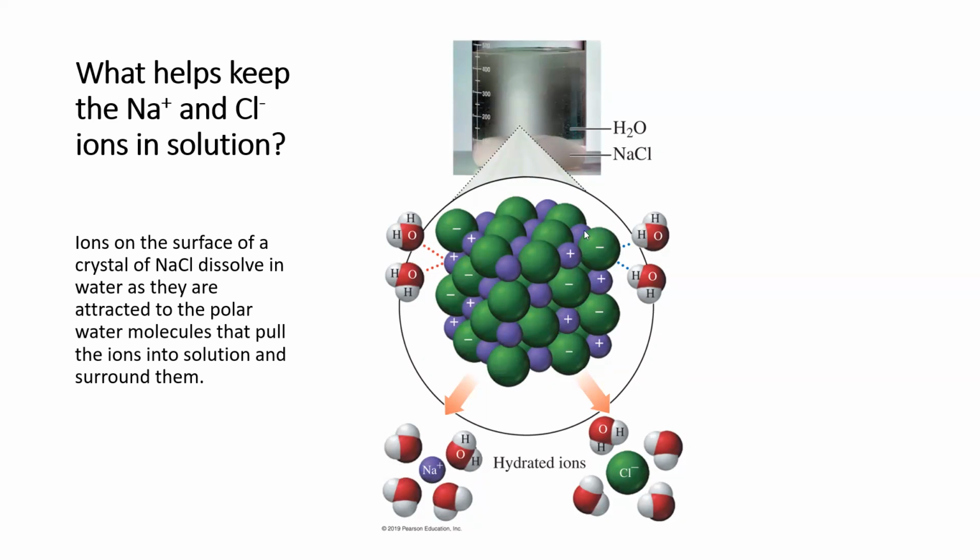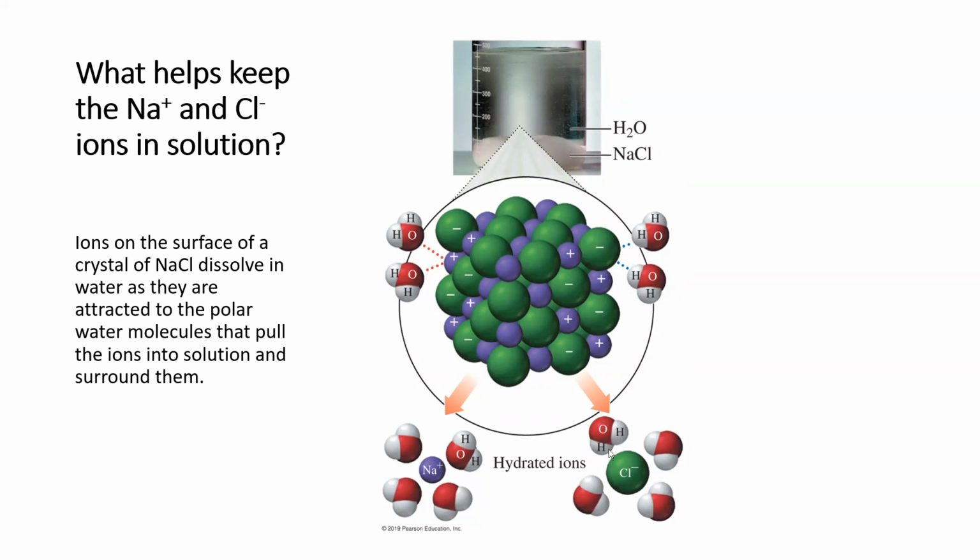The same thing happens to dissolve the chloride ions. Those are negatively charged, and they are attracted to the partially positively charged part of water, which are the hydrogen atoms. These have a partial positive charge. Those are attracted to the negatively charged chloride ions, and this attraction helps pull the chloride ion away from the solid to get surrounded by water.